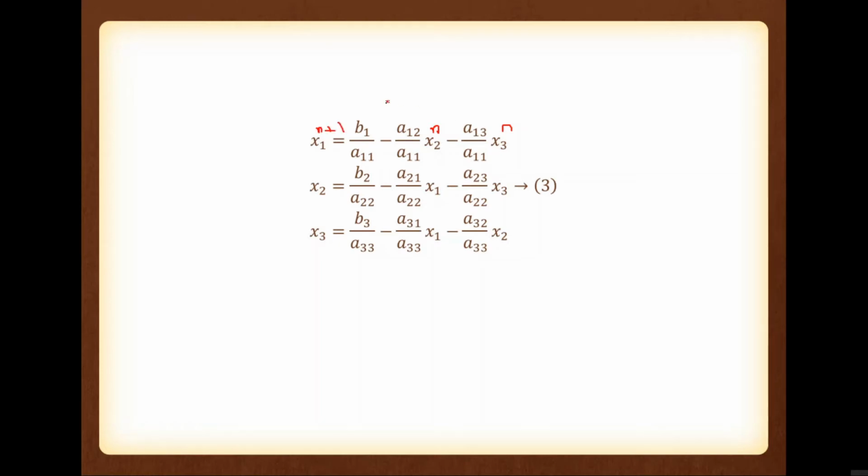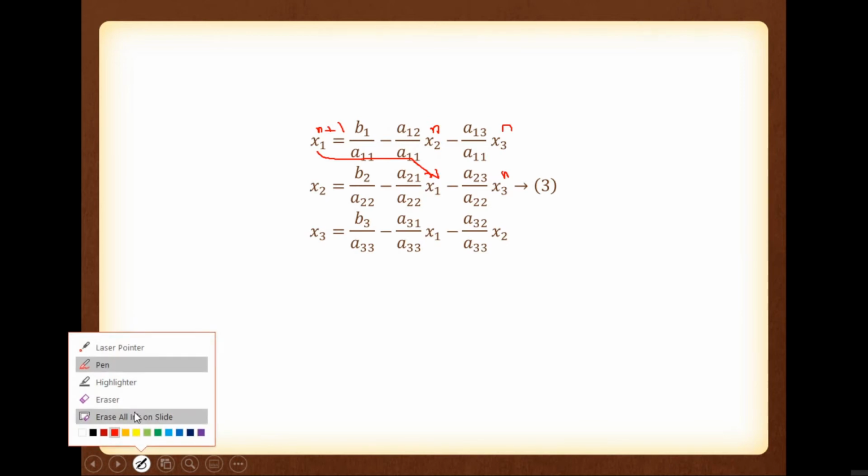If we are writing an algorithm, first we will write the equation for this one. So substituting x2n and x3n will give x1 n plus 1. Now what about the second equation? Here this is x3n, but what about x1? Now a new value is available, so we can substitute this new value into x1.